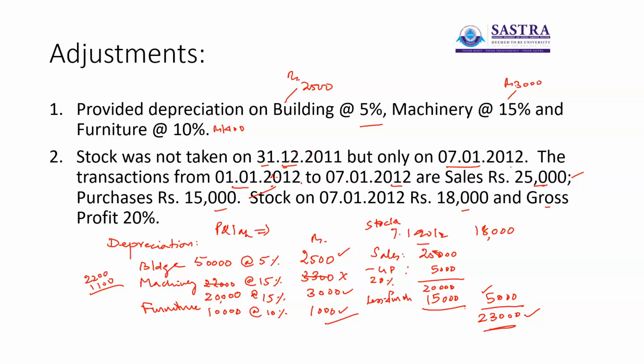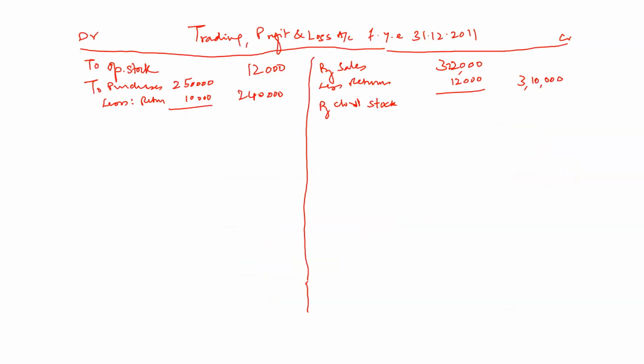So subtracting gross profit, you get the cost from which you subtract purchases. So you get a value of closing stock for the transactions between January 1st to January 7th. Adding it up with the stock on 7th January of rupees 18,000, you get a total stock of rupees 23,000 to be credited. 23,000.